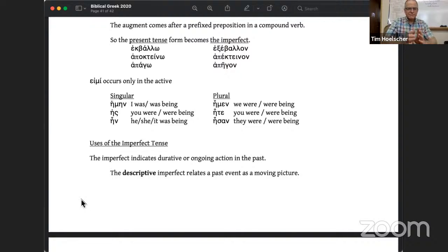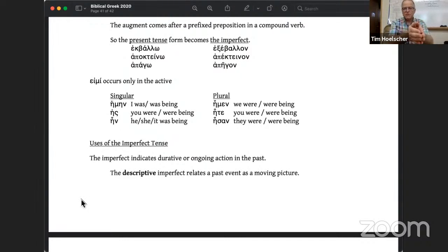Now, the next situation that we have, and we've seen a number of these because we've learned prepositions, is that if you add prepositions to other words, especially verbs, you can change the nature of that verb. So when we have something such as ekbalo there, we're going to add the augment, not in front of the accent, but in front of the verb stem.